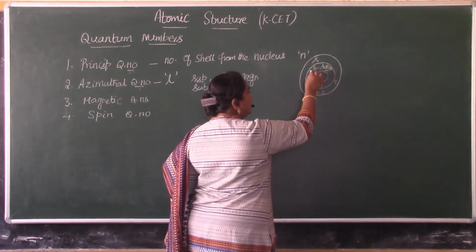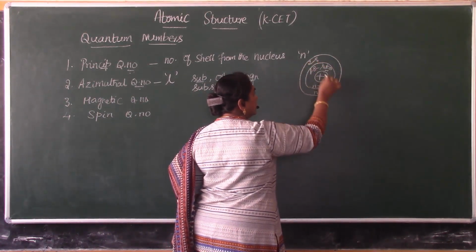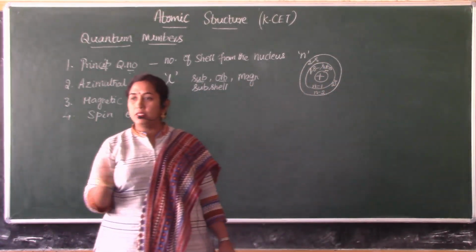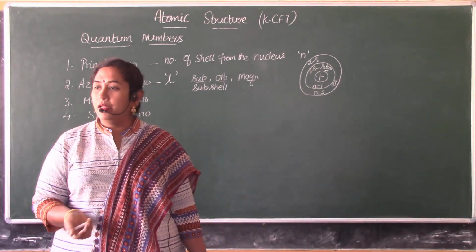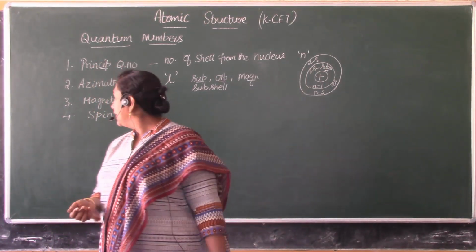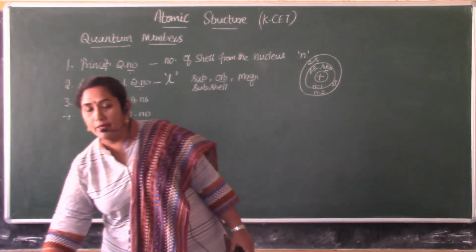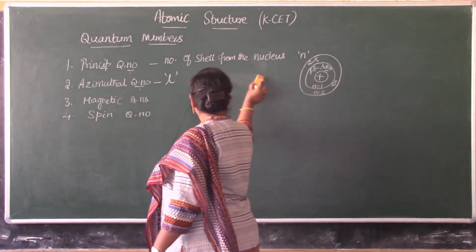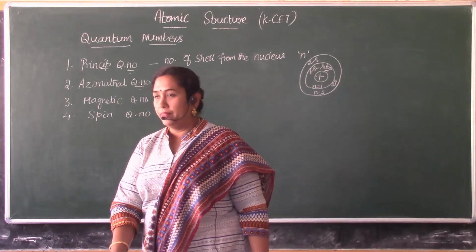Here we write the first shell S subshell and second shell, so 2S and then 2P. Likewise 3S and 3P. That's how we go on writing even the electronic configuration. So the important fact is that the azimuthal quantum number denotes the subshell to which the electron of our consideration belongs.